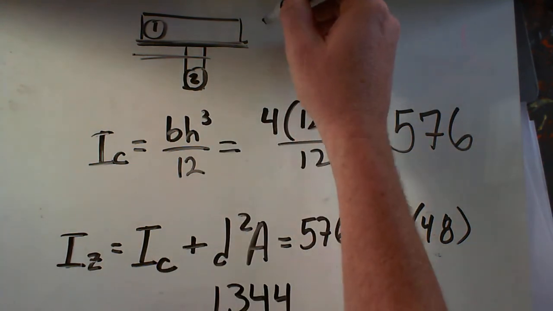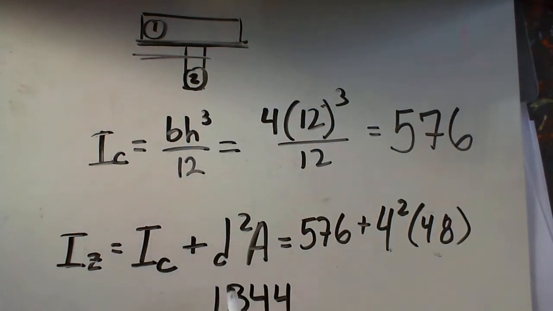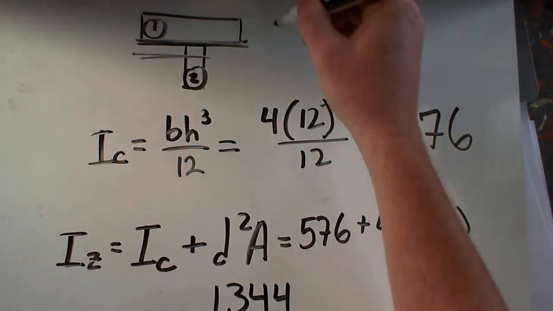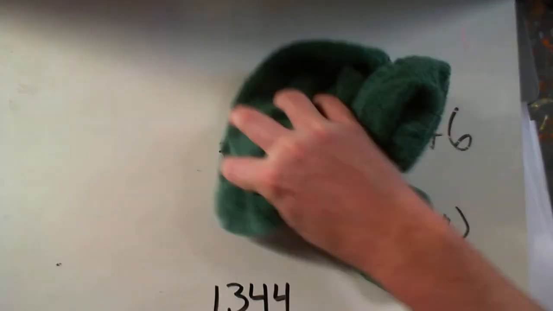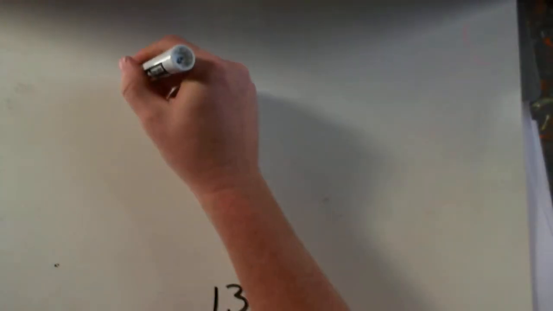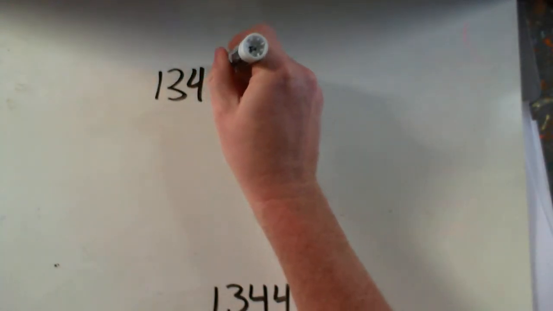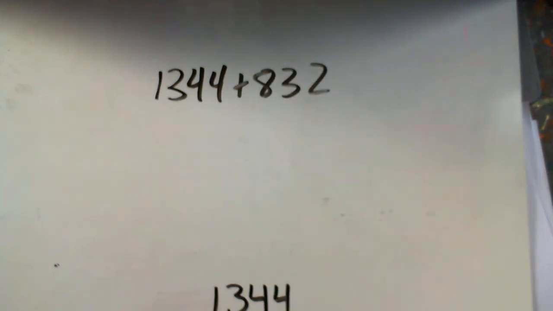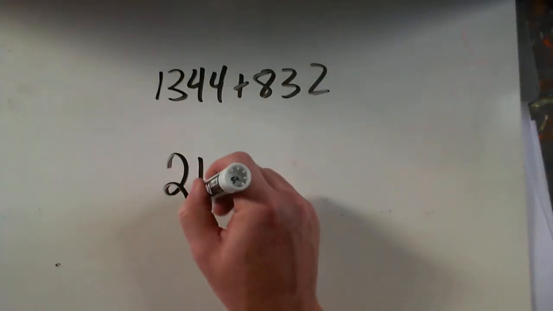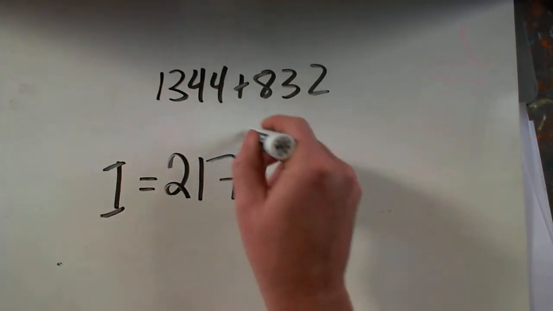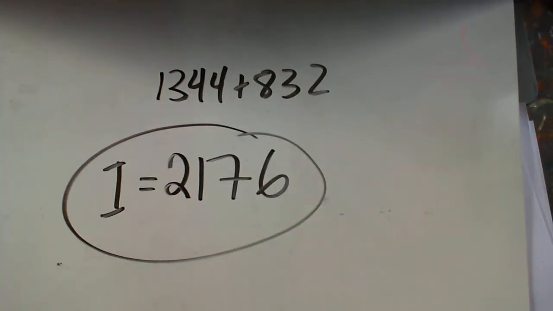That is the moment of inertia for the second piece with respect to the z-axis. So, quite simply, the overall moment of inertia is just the sum of those two values. So I've got the 1,344 plus 832. That gives me 2,176 as my overall moment of inertia for that compound piece.